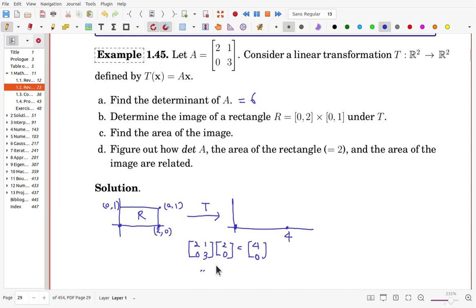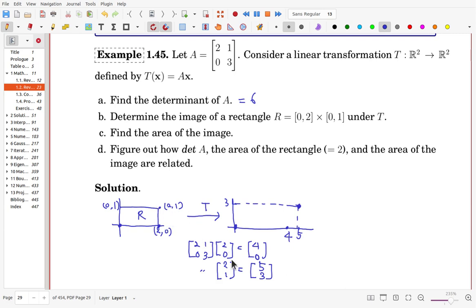With the same matrix, we have 2 and 1. Then that will be 4 plus 1, which is 5, and 2 times 1 is... that is 3. So now 5, and the height is 3. So this position is 5, and this is the image of this point.